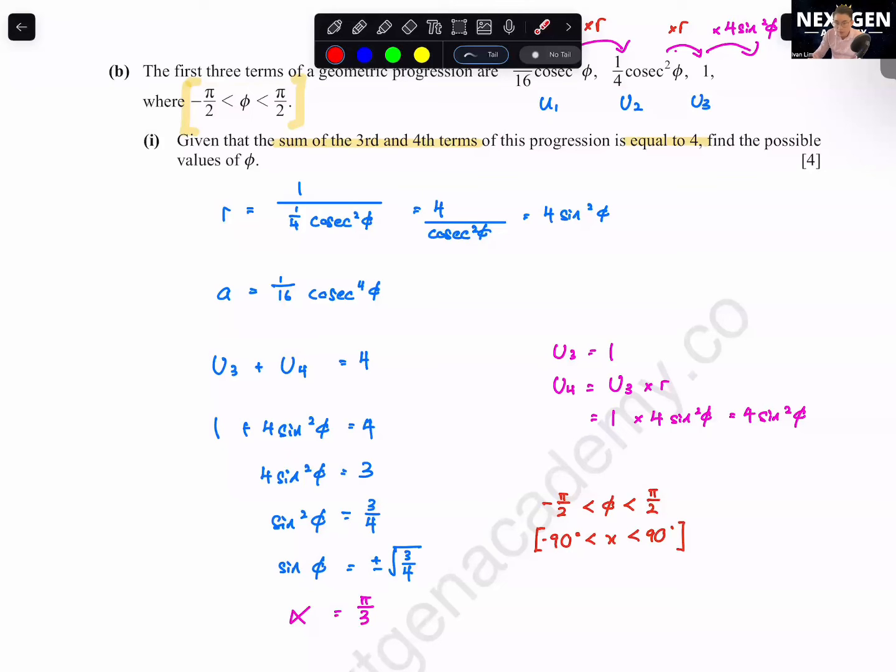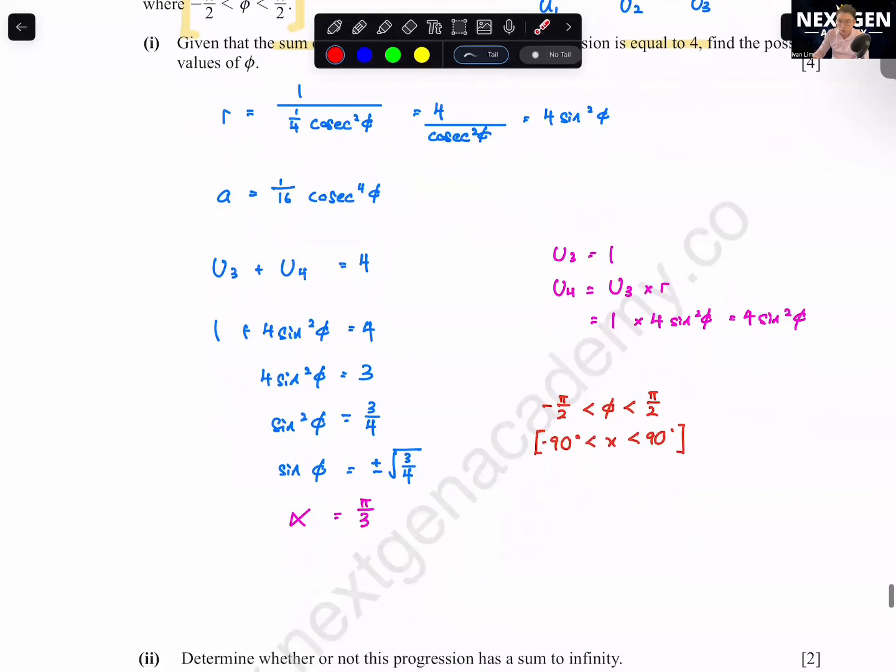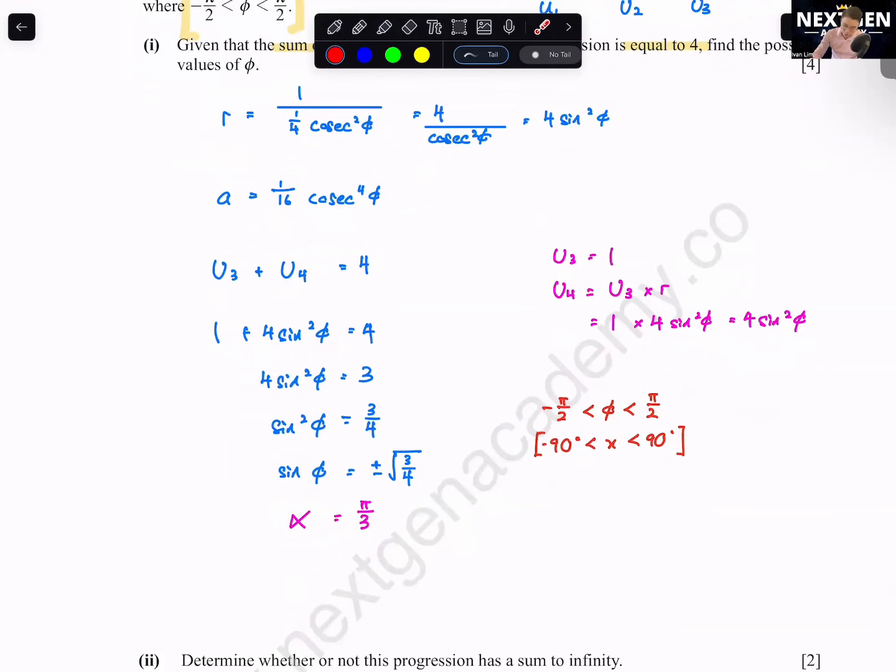Now let's go back to here. Let's do the trigo part. Because you will only be taking from negative 90 degrees to 90 degrees, do you know how to calculate this? And you see here is plus and minus. Plus and minus means you'll take all 4 quadrants.